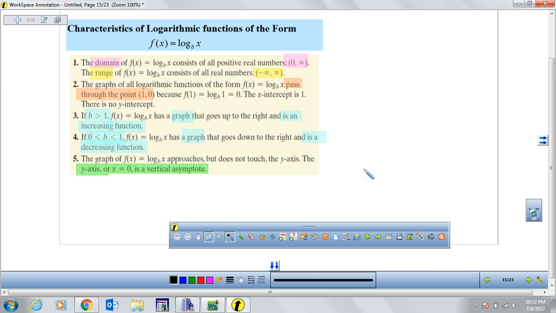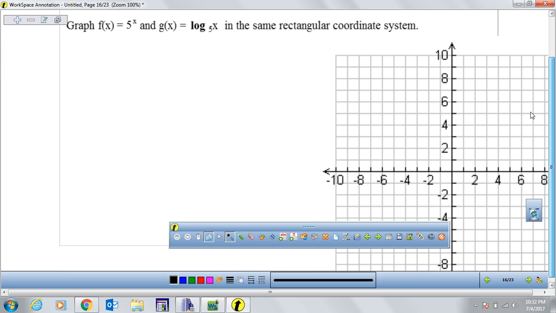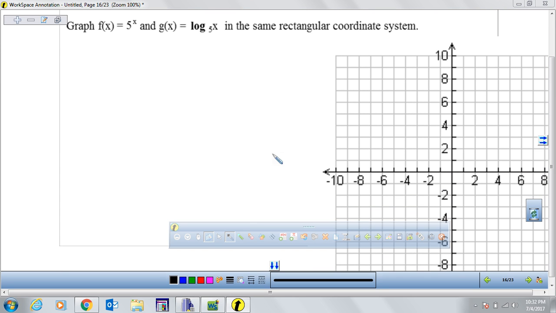Now, the first thing I'm going to show you is how we can graph it using the inverse. So we're going to go through this problem right here. We're going to graph the function f of x equals 5 raised to the power of x, and g of x equals log base 5 of x, in the same rectangular coordinate system.